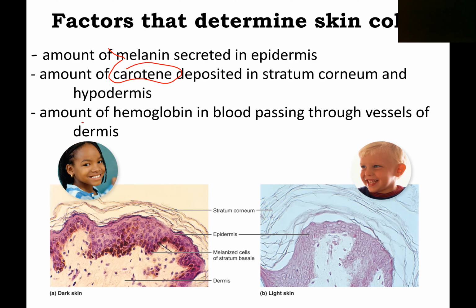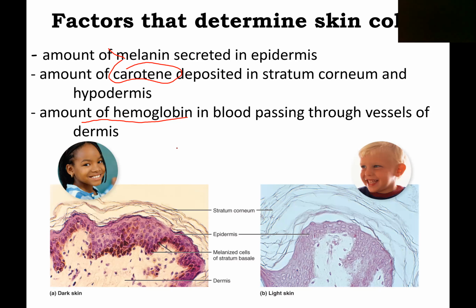The third is the amount of hemoglobin in the blood passing through the vessels. You can see this when you get an infection. That area gets darker because of the increased blood flow.